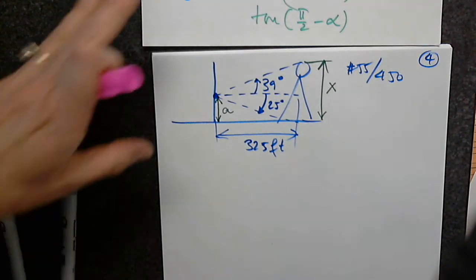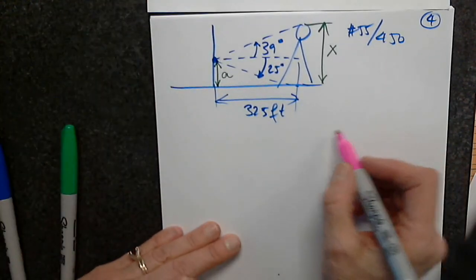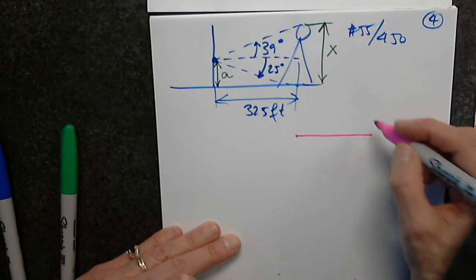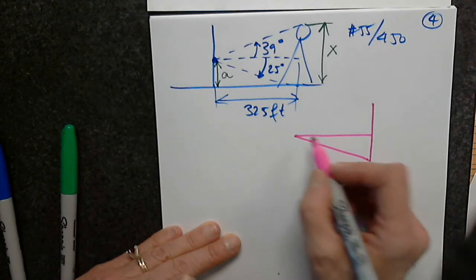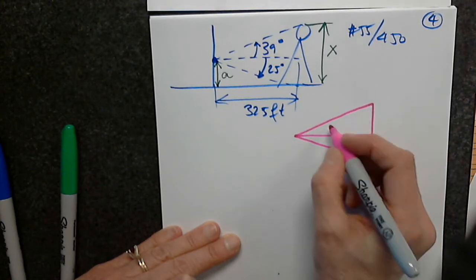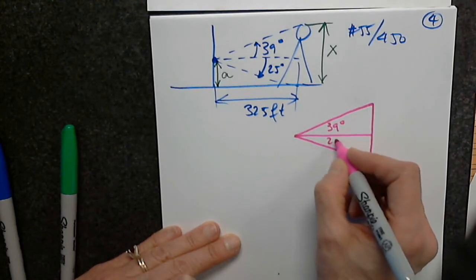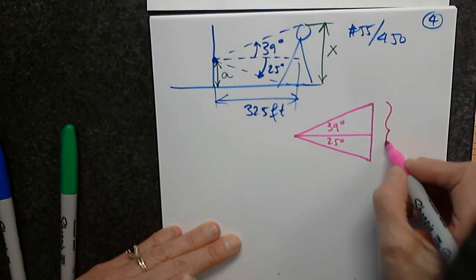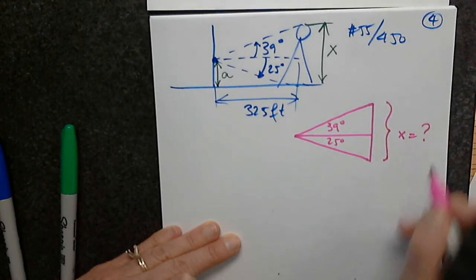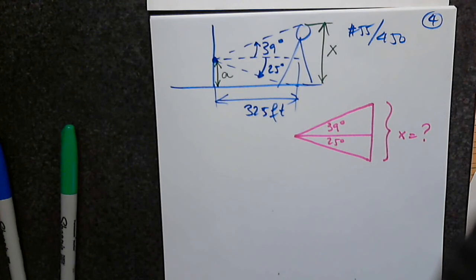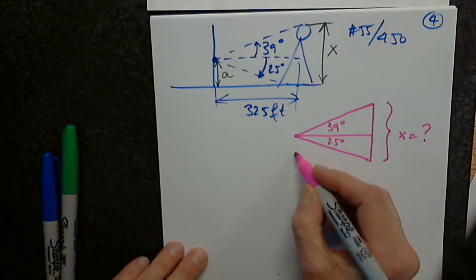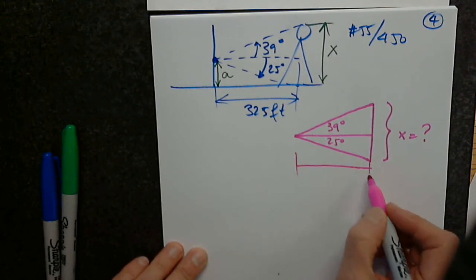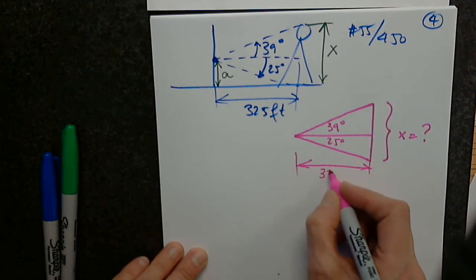So the idea is this. And I do have this measure. This is given to us as 325.